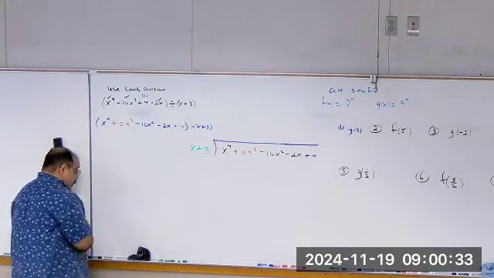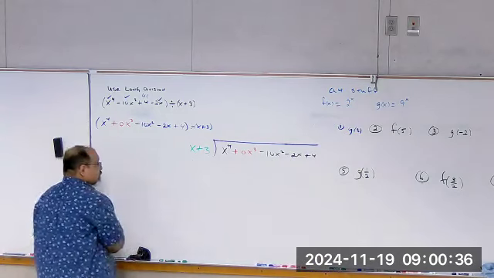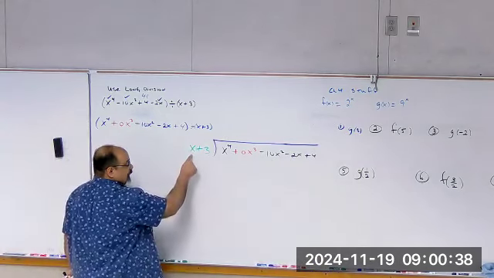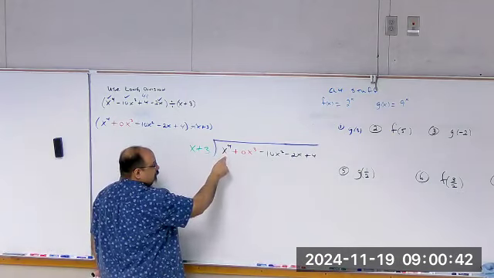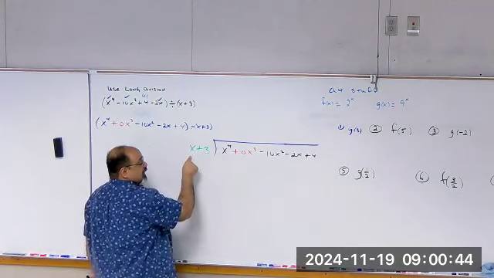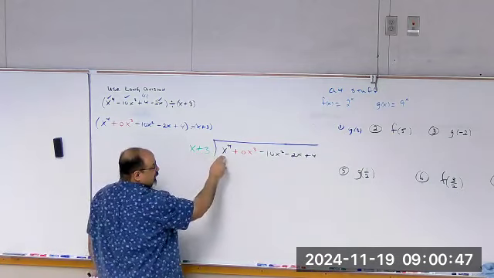Only thing you care about, the only thing you look at, the only thing that matters is this first term x and that first term x to the 4th. We want to multiply this x times something that will make x to the 4th.